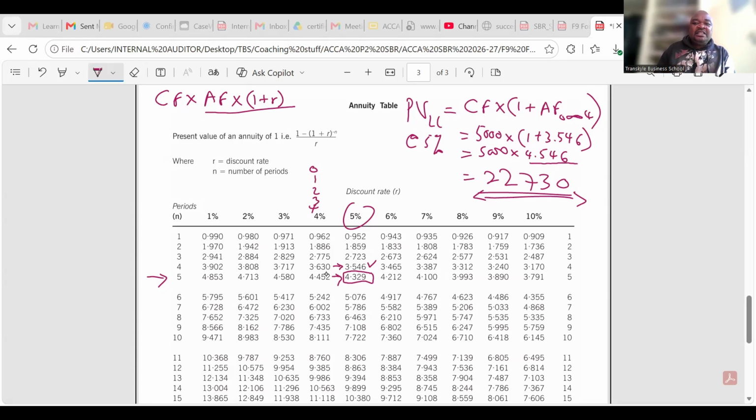We simply say the ordinary annuity factor, which was 4.329, multiplied by 1 plus R.